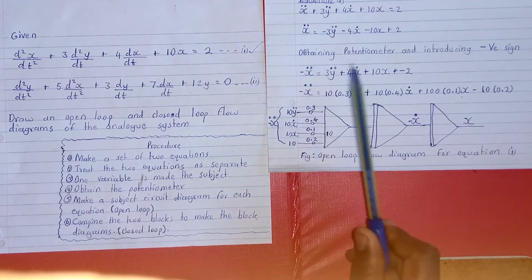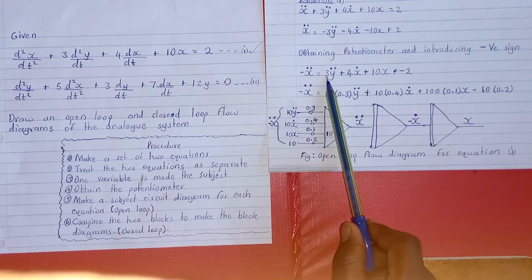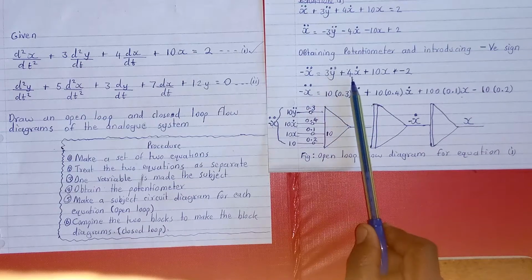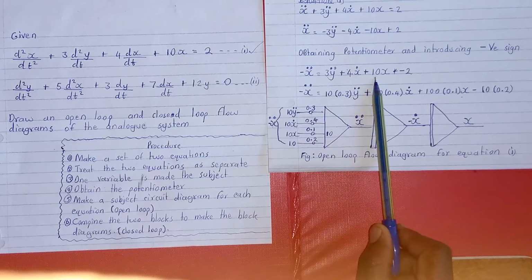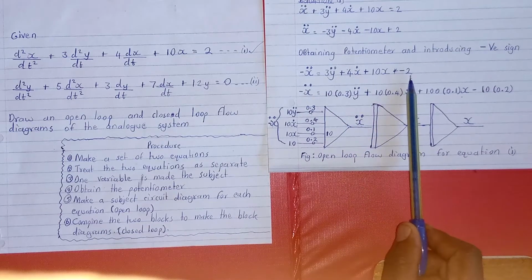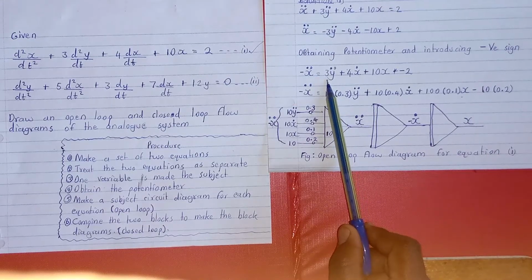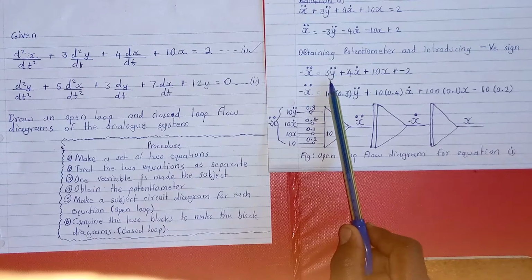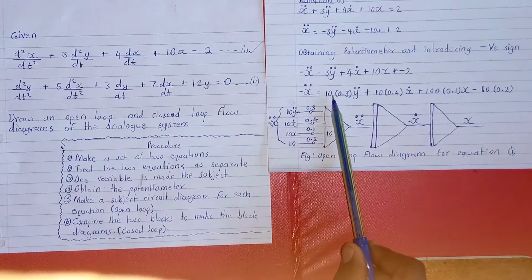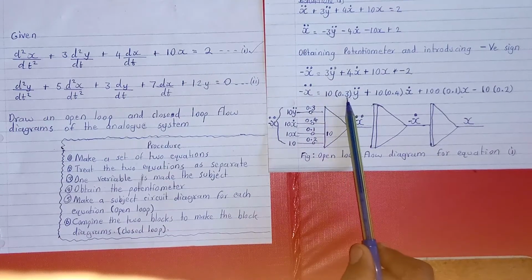So if we look at these factors here, our 3, our 4, our 10, and our 2, we cannot say it is a gain. So what it suggests is that we are going to adjust this value here to be less than unity, and we can achieve that by doing this, whereby 10 times 0.3 will get us back here.